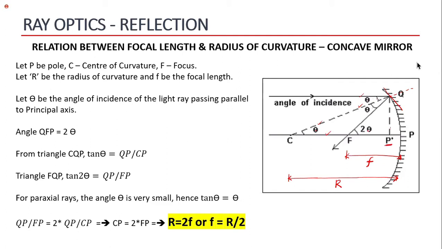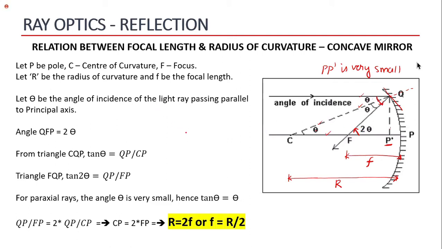Now, please understand your P dash is very small. If this total angle is 2 theta, then this angle is 2 theta. Theta plus theta, so hence this will become 2 theta. Isn't it?